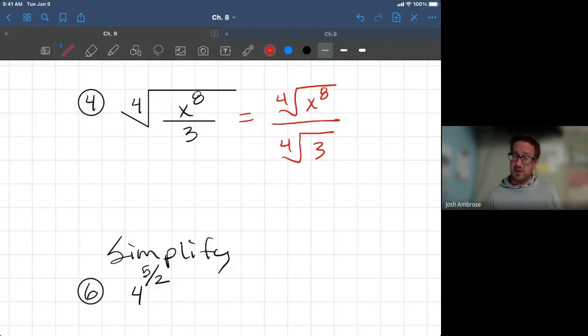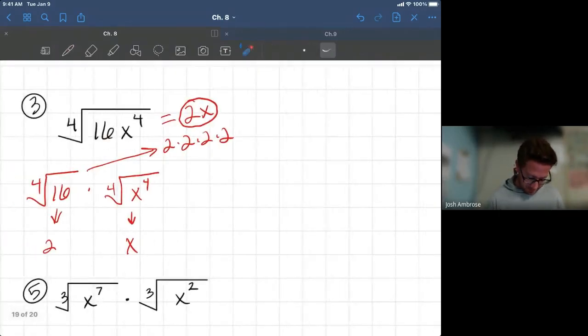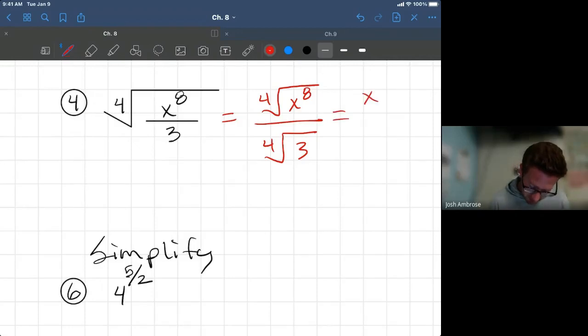You guys remember in the last problem, we did 4 divided by 4. That's how we got x. So we're going to do the same thing here. We're going to do 8 divided by 4. And that is going to give us a very nice x squared, because 8 divided by 4 is 2.